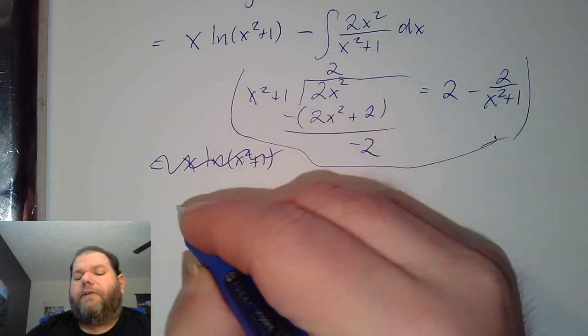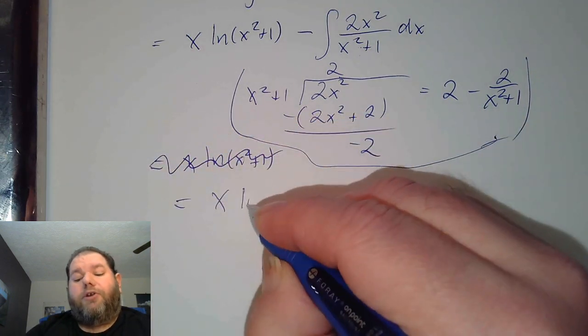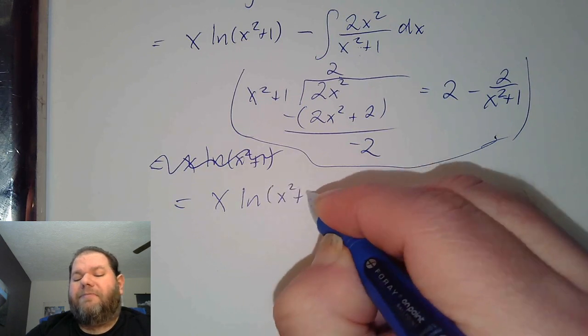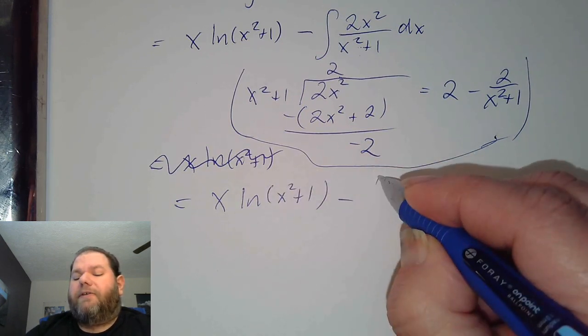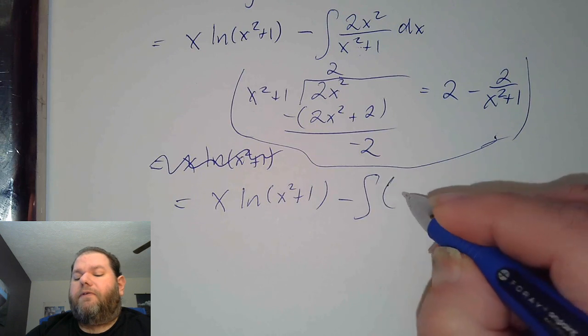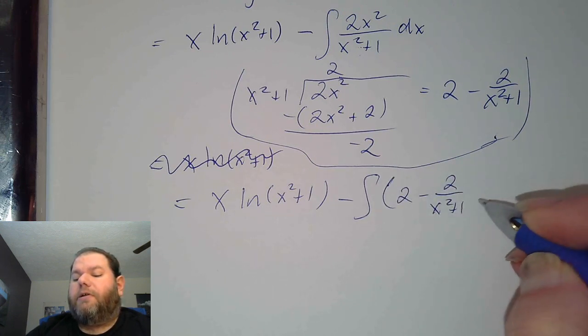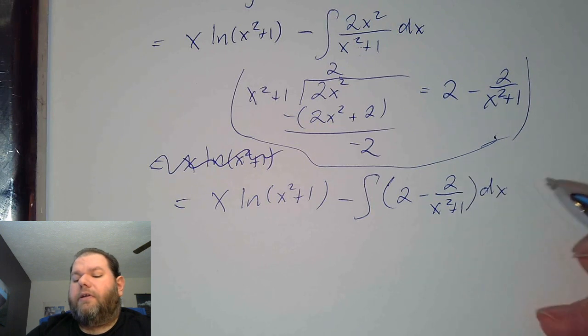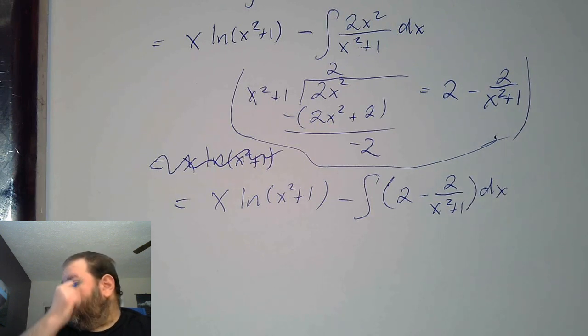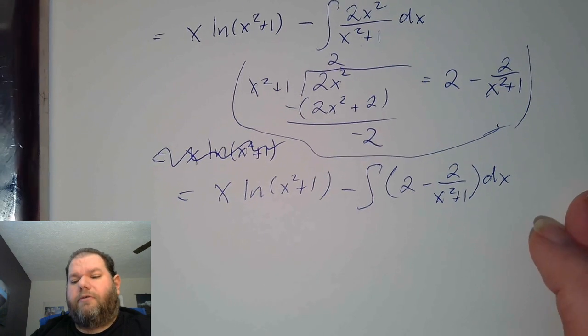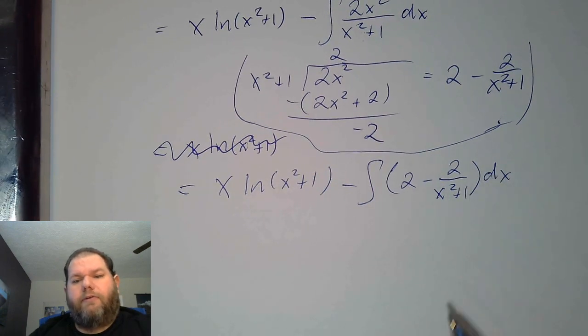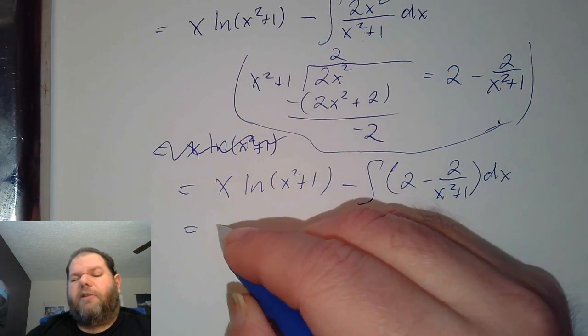I'm just going to rewrite this line a little bit lower where I should have written it. So minus integral of 2 minus 2 over x squared plus 1 dx. I wonder if it's beneficial just to factor out the 2. Since both parts have that 2 there, that might make it a little bit nicer.